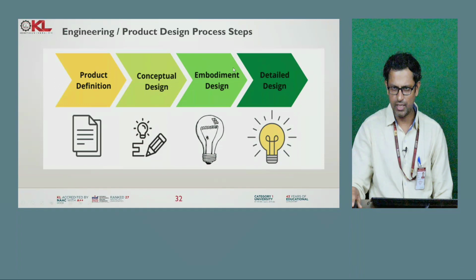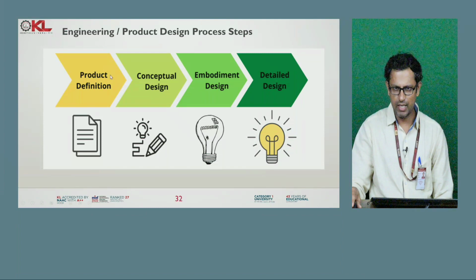Once all these parameters are added, then in the last design, that is detailed design, we will explain the product clearly through part or assembly drawings, so that by seeing those drawings the layman, the shop floor or the customer, everyone should understand what the design is, for which purpose we are creating it, and what the dimensions of that product are. So the engineering design process starts with the product definition and ends with the detailed design.